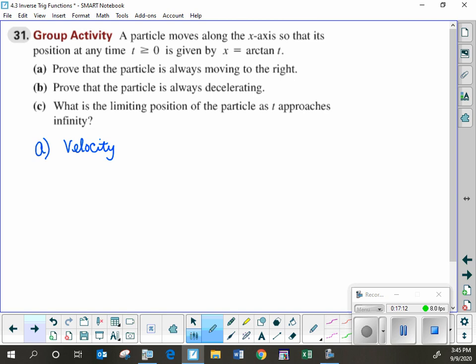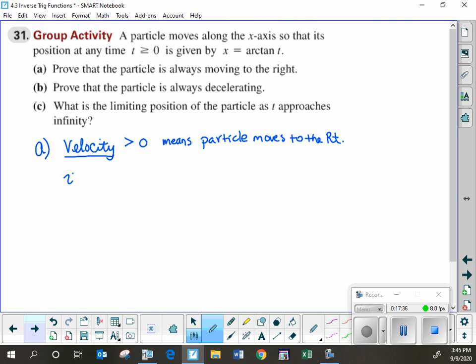So I need my velocity to be greater than 0, means the particle moves to the right. We learned that concept in AB. So now what I want to do is get to velocity. I have the original function.